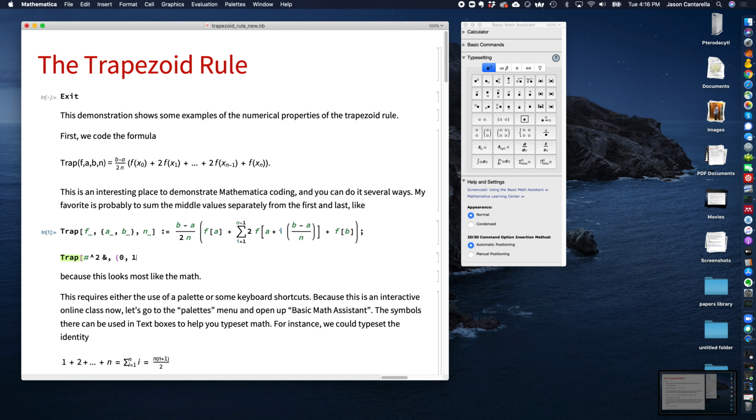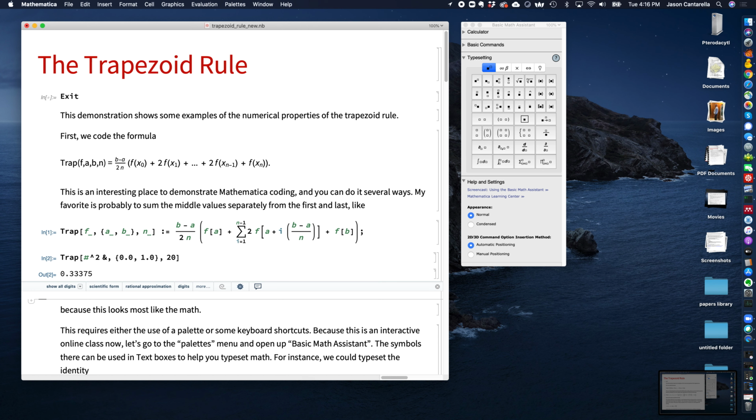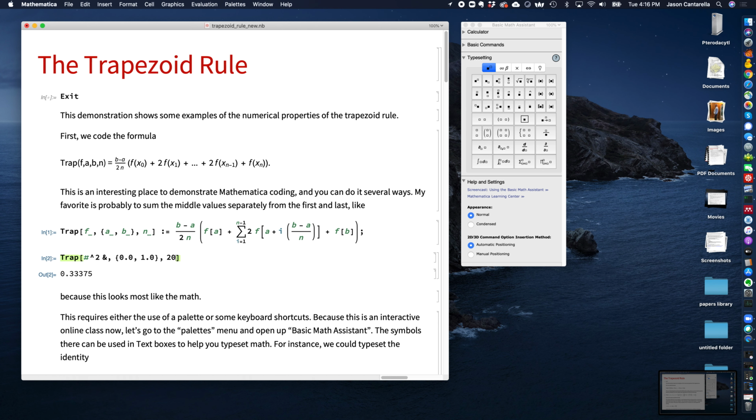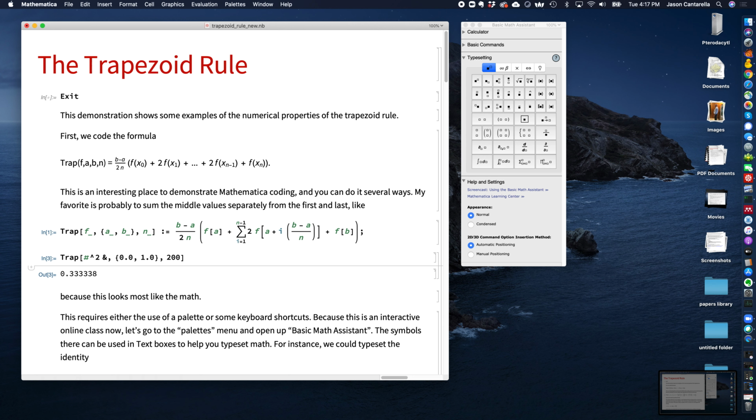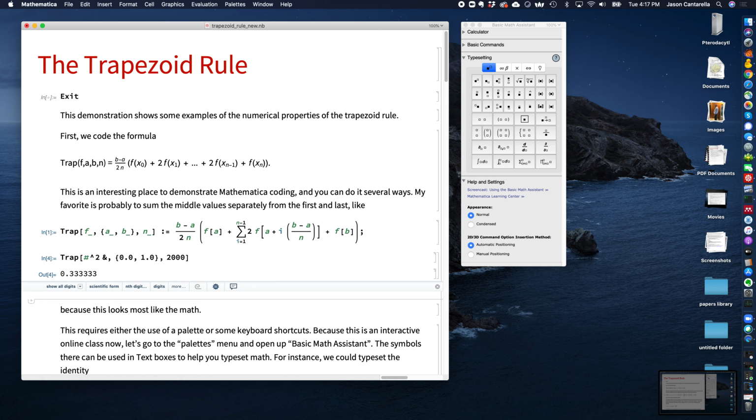I can integrate that from 0 to 1.0, so I'll get a numerical answer instead of a whole bunch of fractions summed up. And I can do it with 20 intervals. And you see that as I add intervals, it gets closer and closer to the true value, which we know to be a third, right?